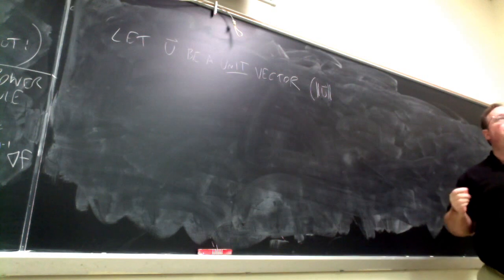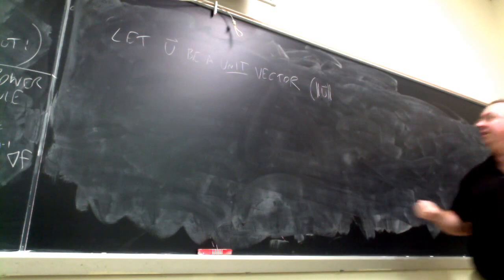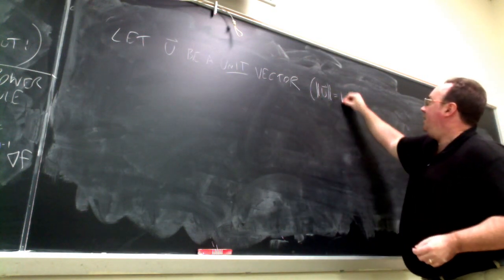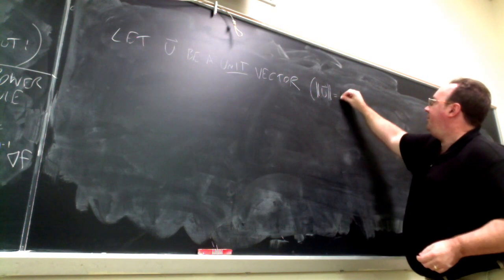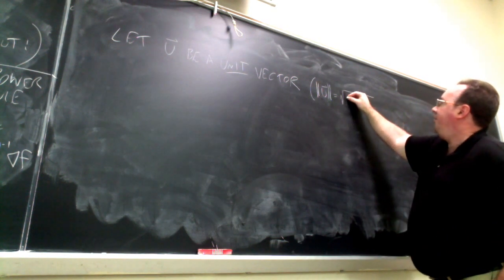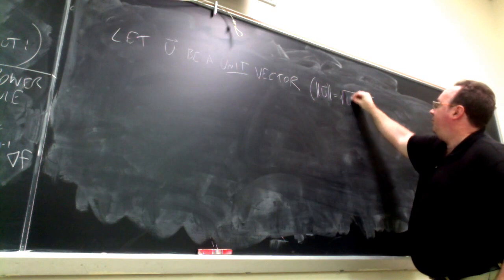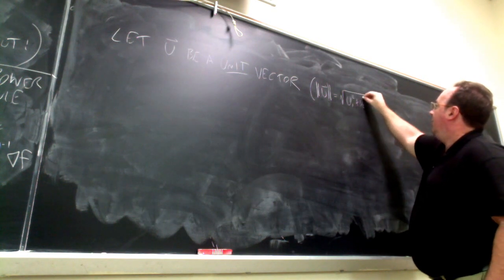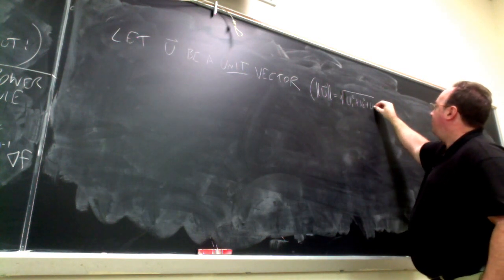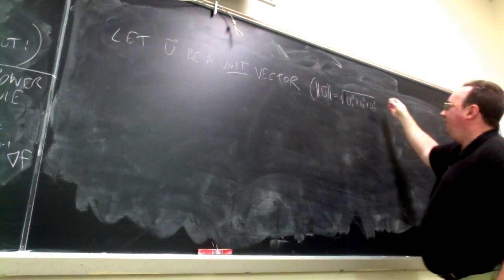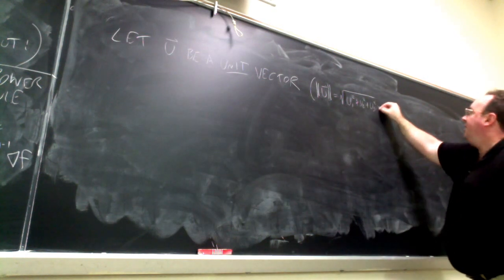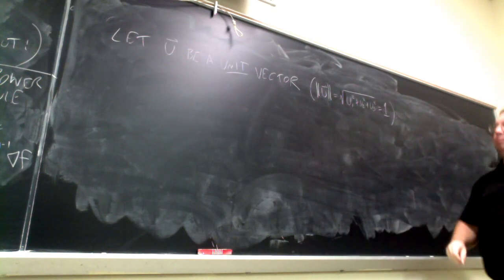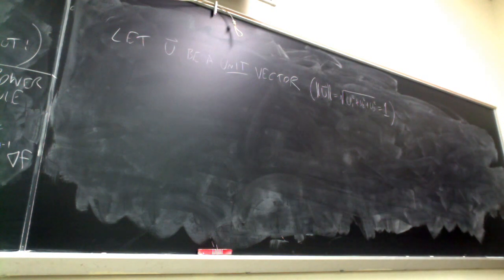Some calculus books use absolute value, which drives me crazy. Now, the definition of magnitude would be square root of the sum of squares. And by default, I'll just work with 3 dimensions, but of course this applies in however many dimensions you have. That magnitude must be equal to 1. And that's going to be very important because otherwise the definition doesn't work. Make sure it is a unit vector.